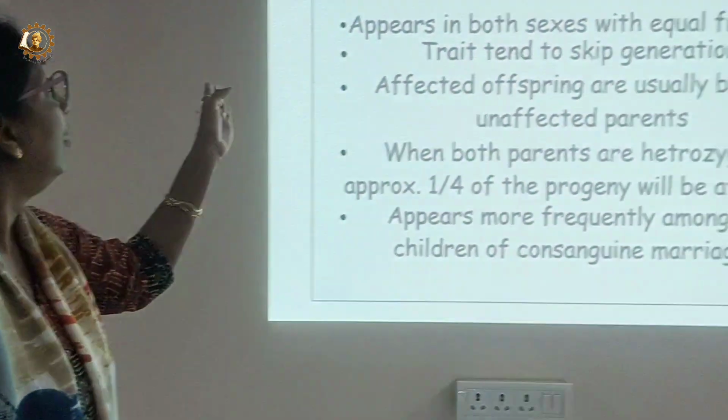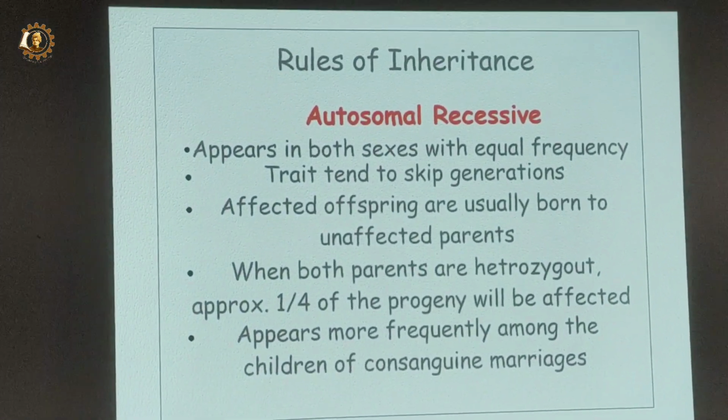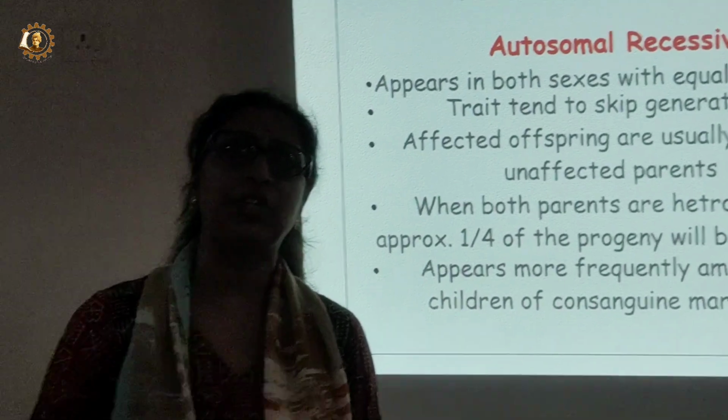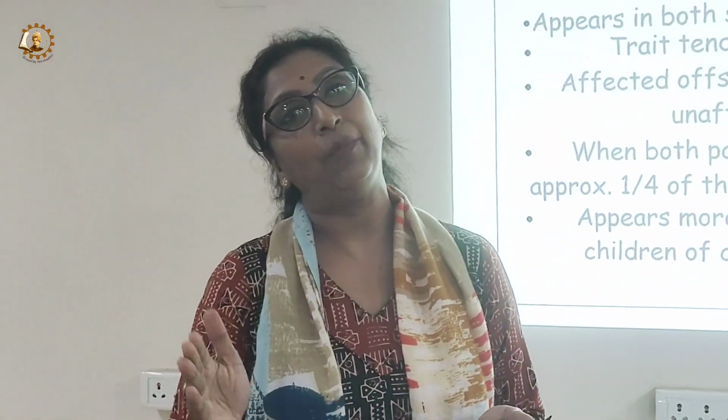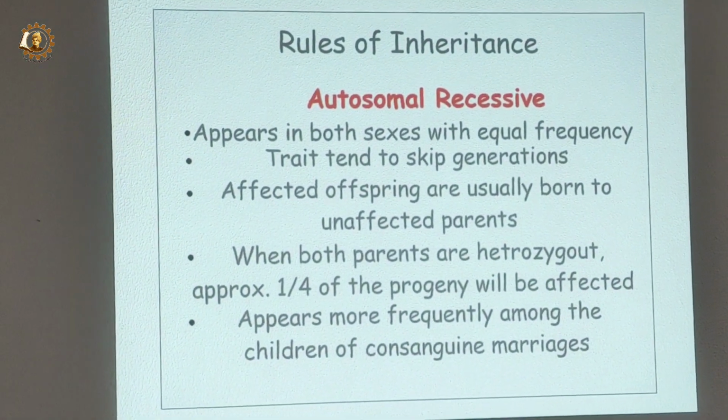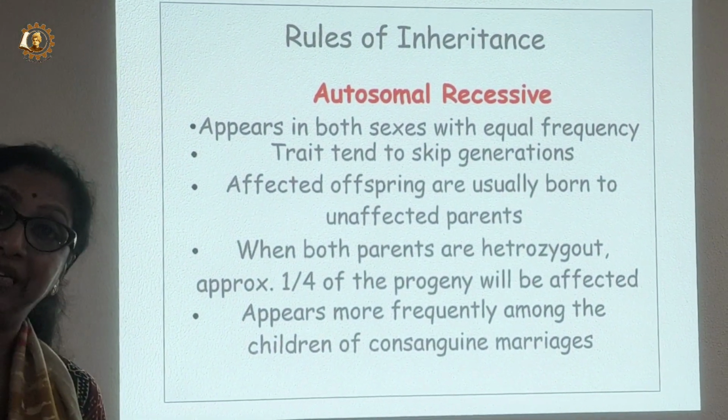Next one, the trait tends to skip generations. That means it is not necessary that all generations and all offspring will be affected for that particular trait. Third one, affected offspring are usually born to unaffected parents.